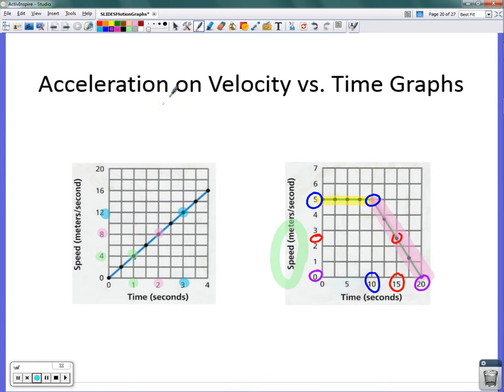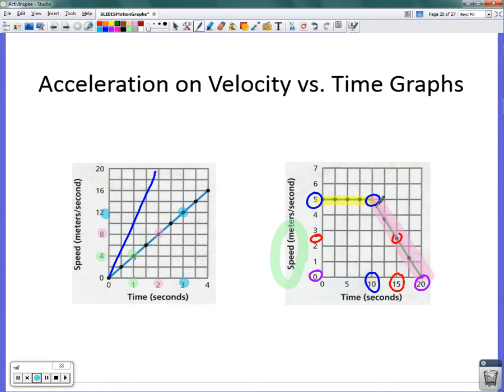And just like on the other graphs, let's say we put a second velocity versus time graph that looked something like this, both of those graphs would be objects that are speeding up, but one is speeding up faster than the other one. And same thing on this graph.